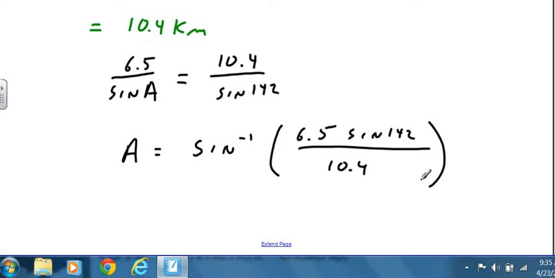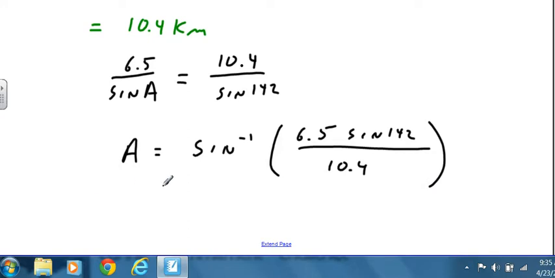All right, so I go, wait a minute. I'm not going to use 10.4 because I'm going to use 10.421066666 in my calculator when I get to that. Okay, so back to the arc sine function. Arc sine 6.5 times the sine of 142 divided by the answer that I had.